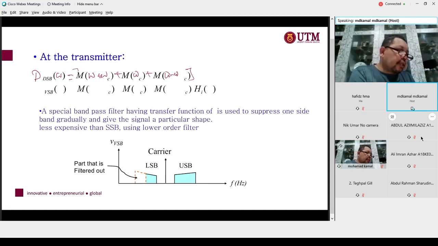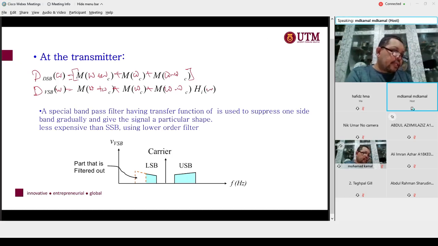The vestigial sideband is equal to m(ω) plus ω_c plus m(ω) ω_c, so part of the carrier, plus m(ω) minus ω_c with some value of your filtering here.